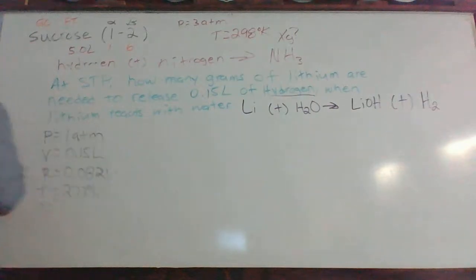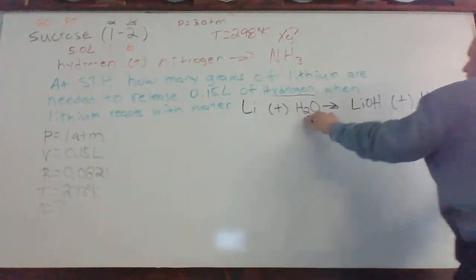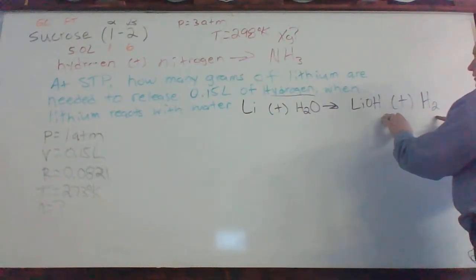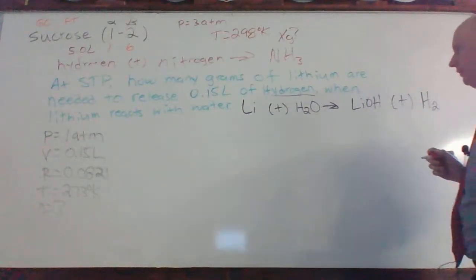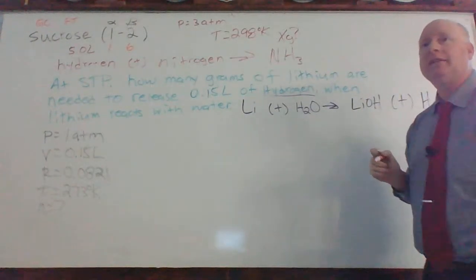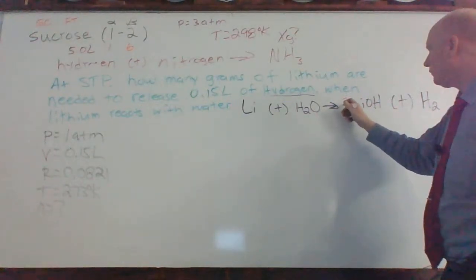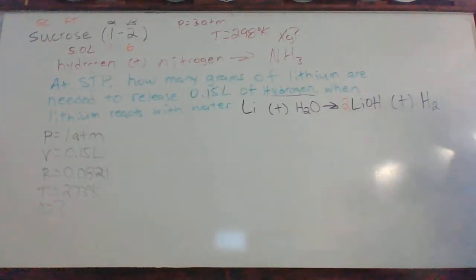Okay. So let's go ahead and take a peek at that and say, well, we've got 2 hydrogens there and 3 of them over here. So let's try to get these 3 up to an even number. And the best way to do that, if we put a 2 here, this is where that simple math may let you down.